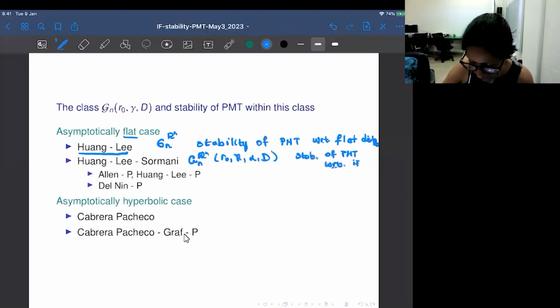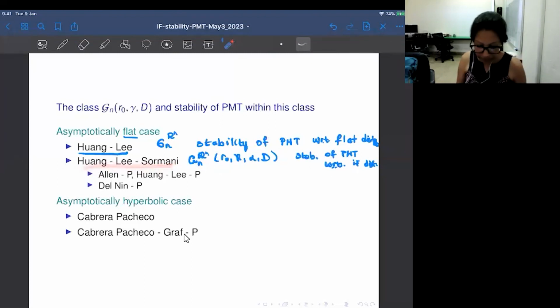Intrinsic flat distance. Okay, and then what happened later is that we found some gap in this theorem, but the theorems that they presented are correct, and they are corrected in this series of papers. So one with Allen and myself in the entire case.